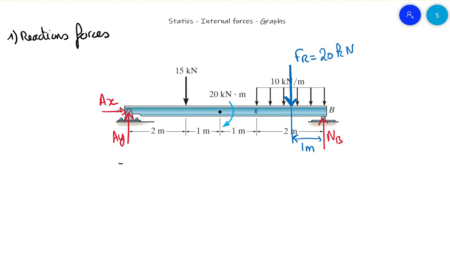When we do sum of the forces on x equal to 0, we find that Ax is equal to 0.